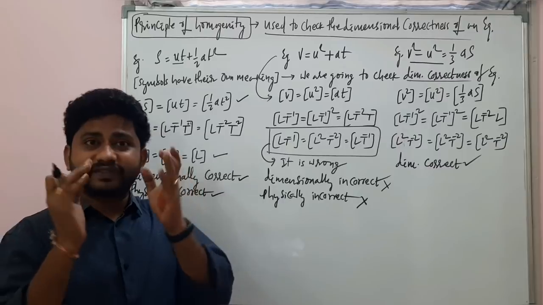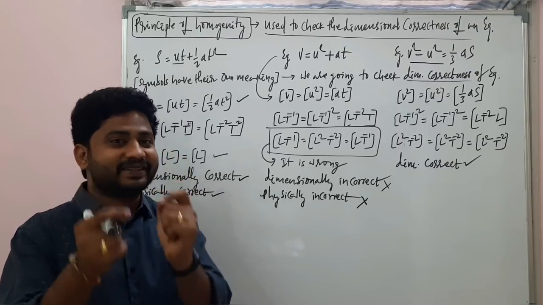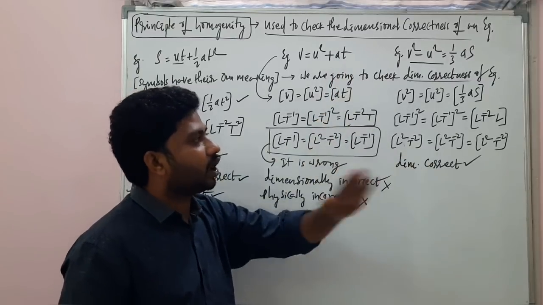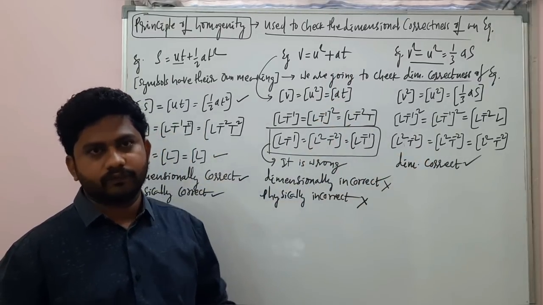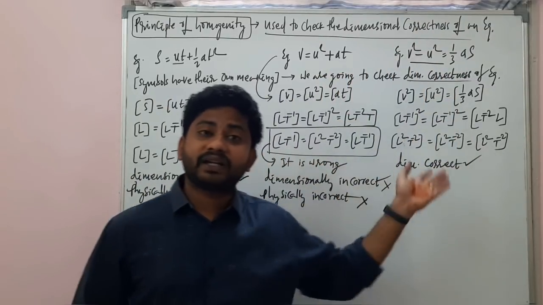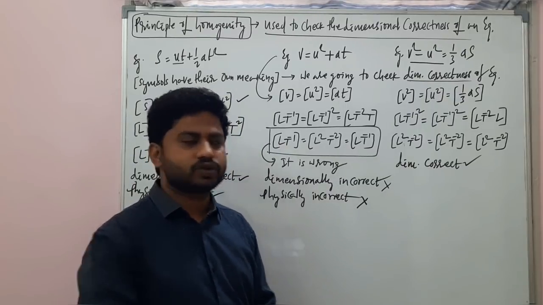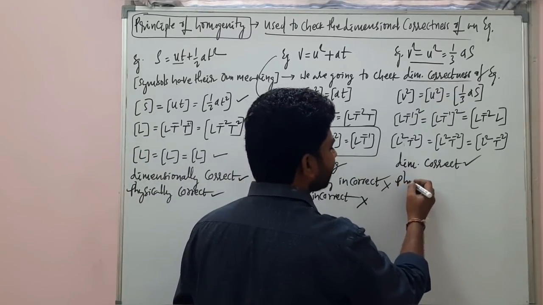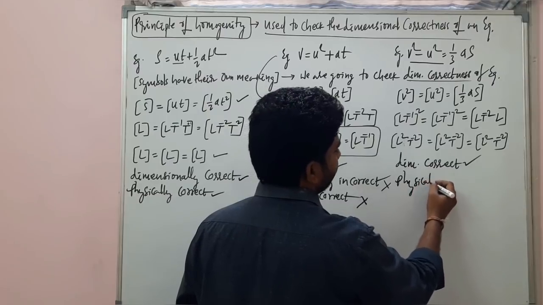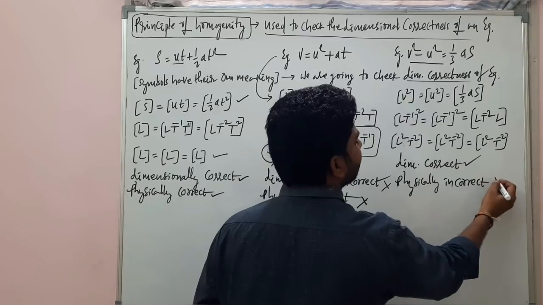Physically means according to the kinematic equations. The physically correct equation is v square minus u square is equal to 2as, but here it is v square minus u square is equal to 1 by 3 as. So this equation is physically incorrect.